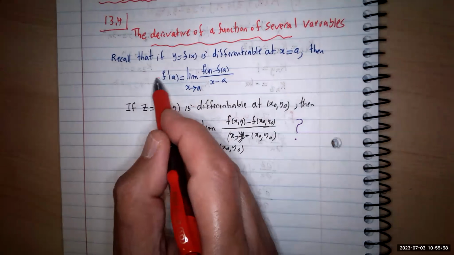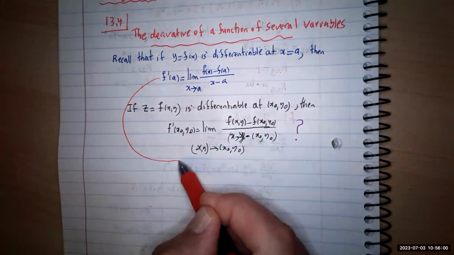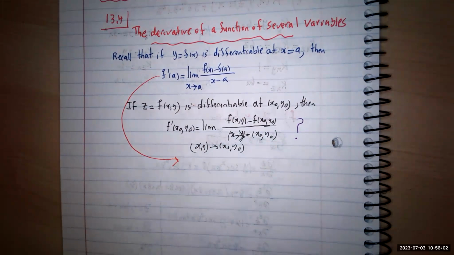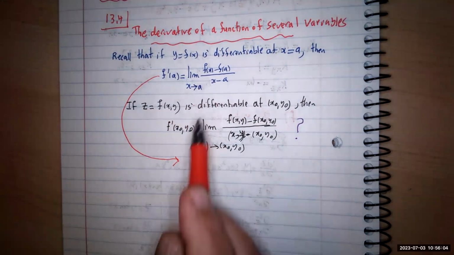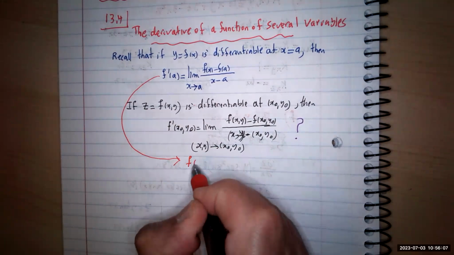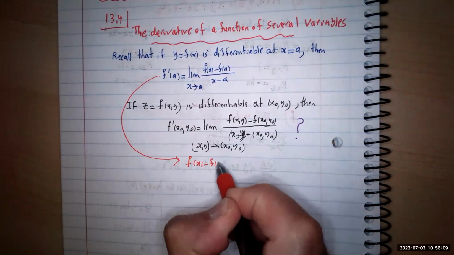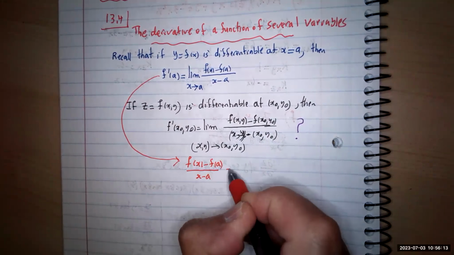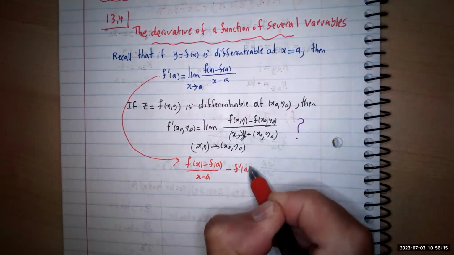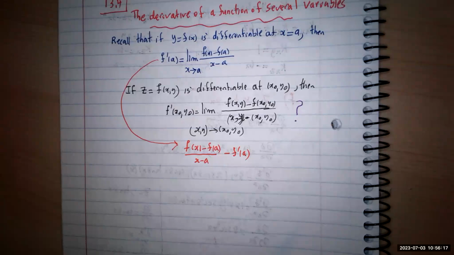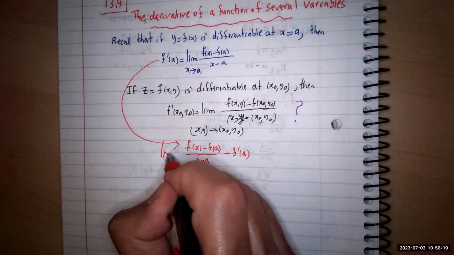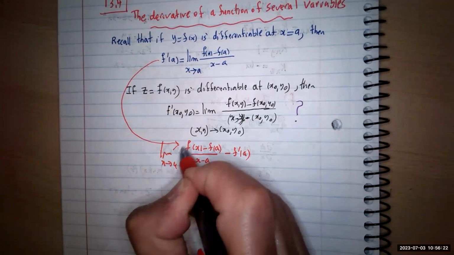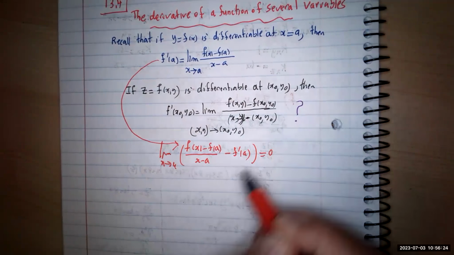So if this is true, the one that you did in calculus 1, then the difference f of x minus f of a over x minus a, minus f prime of a, the limit of this difference as x goes to a goes to 0.